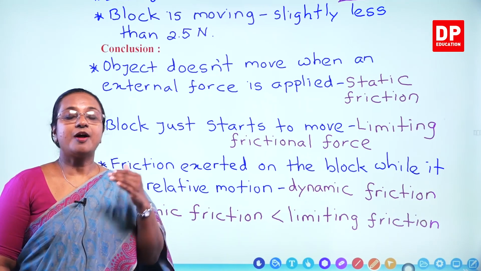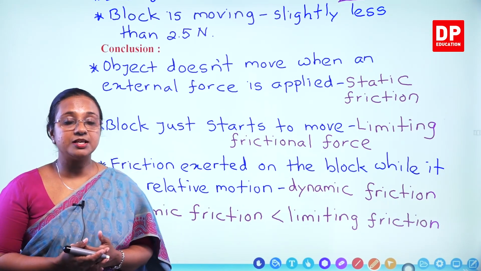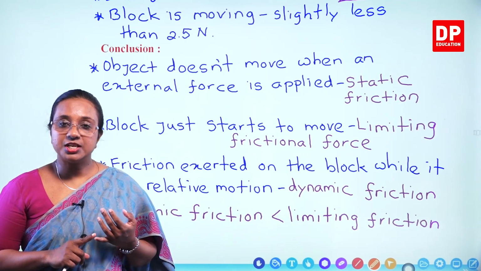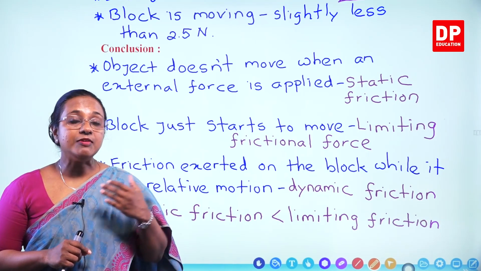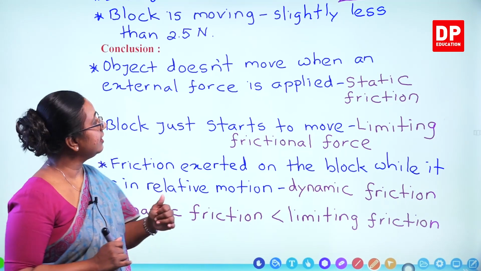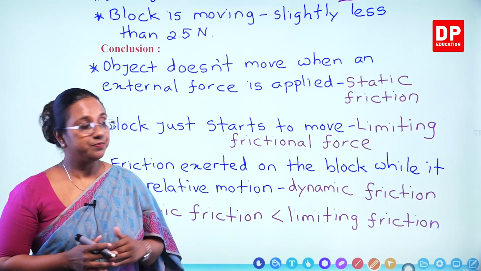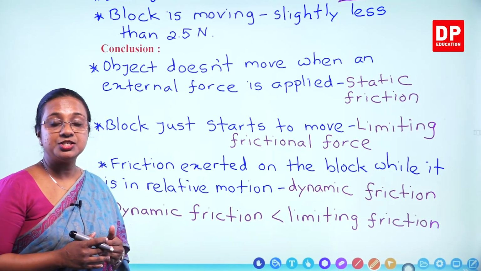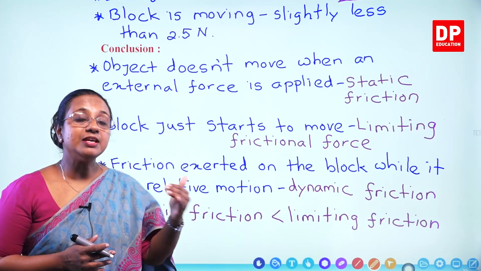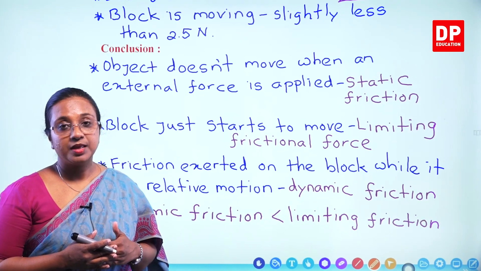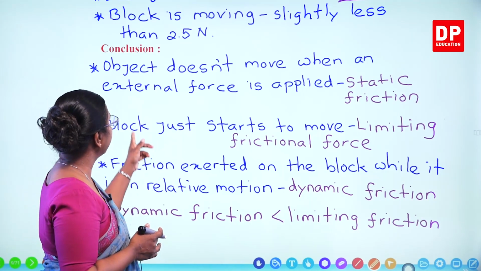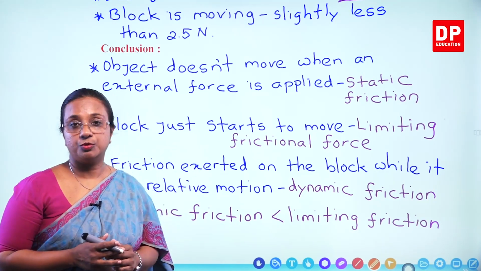So students, from this activity, you have observed the three states of friction. Static friction is the friction exerted by the surface when we apply an external force but the object is not moving. Then the static friction increases when we increase the applied force and reaches its maximum value. We take that as the limiting frictional force, and that is when the block just starts to move.